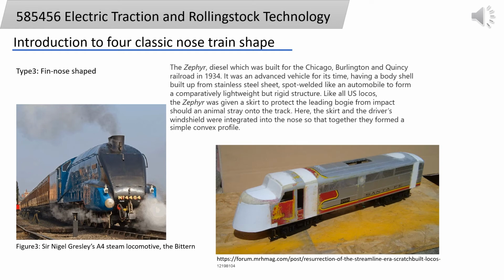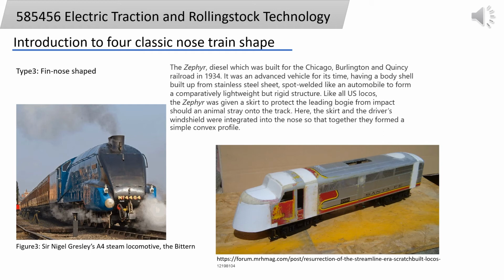It was an advanced vehicle for its time, having a body shell built up from stainless steel sheet, supported like an automobile to form a comparatively lightweight but rigid structure, like on U.S. locomotives. The Zephyr was given a skirt to protect the leading bogie from impact should an animal stray onto the track.